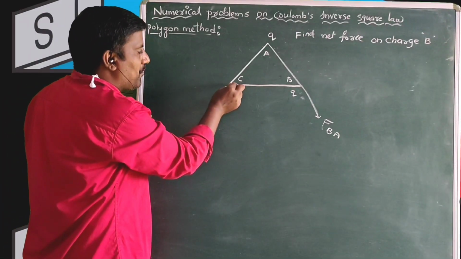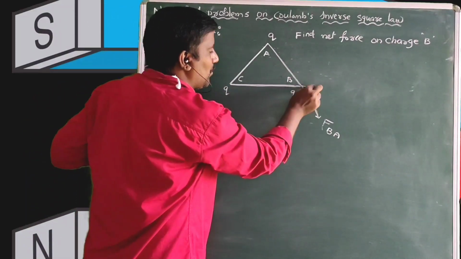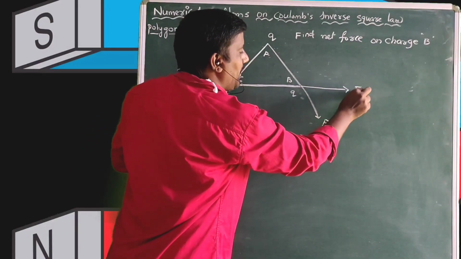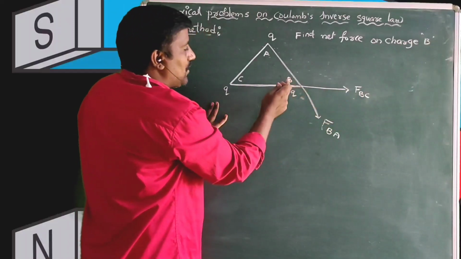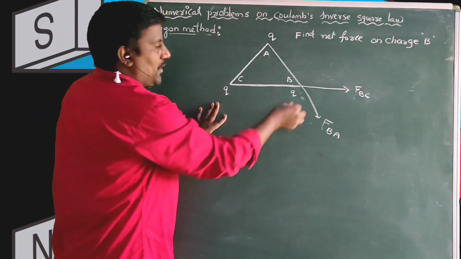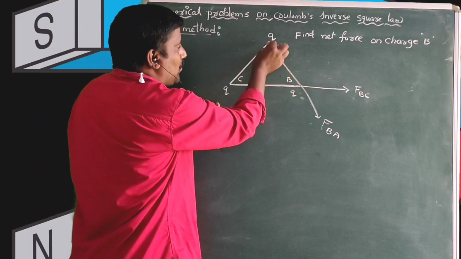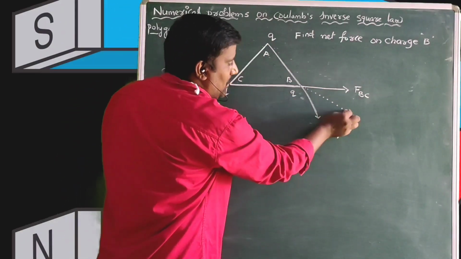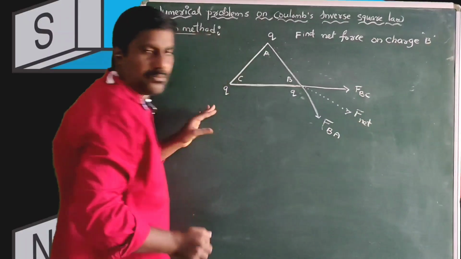In the same way, the force on charge B due to charge C is F_BC. F_BC indicates the force on B due to charge C. The resultant force on charge B due to charge A and charge C is along this line. This is the resultant or net force on charge B, F net.